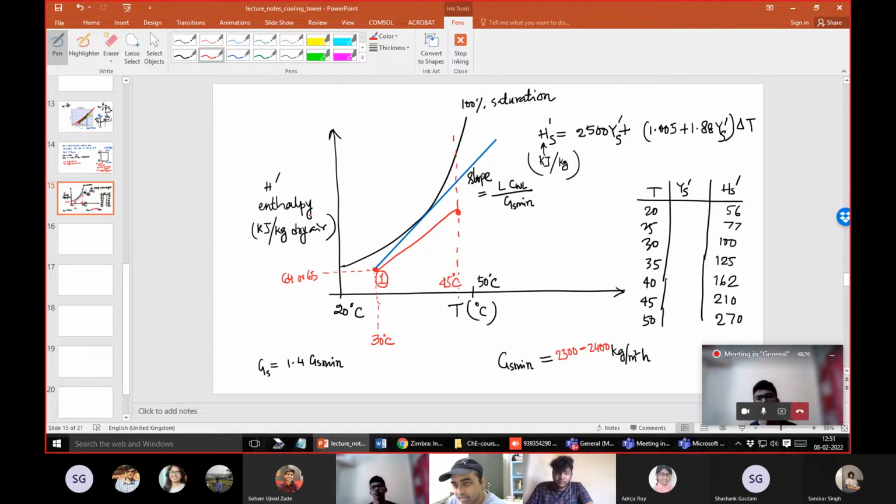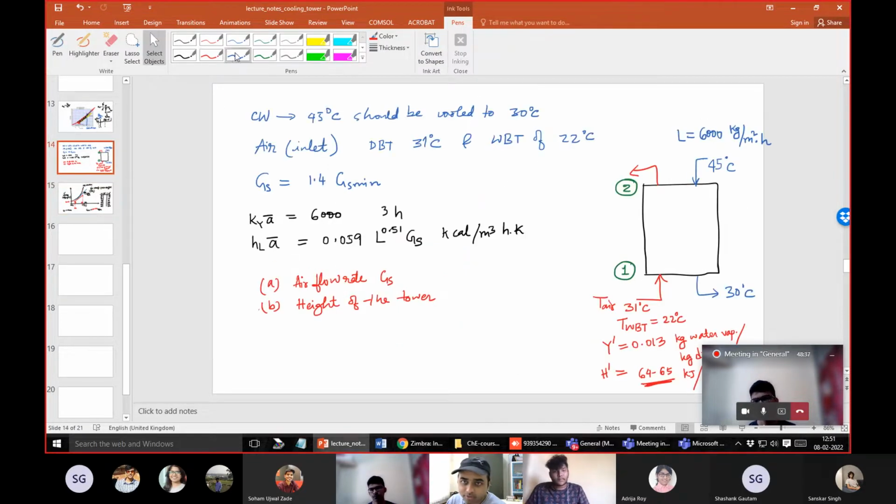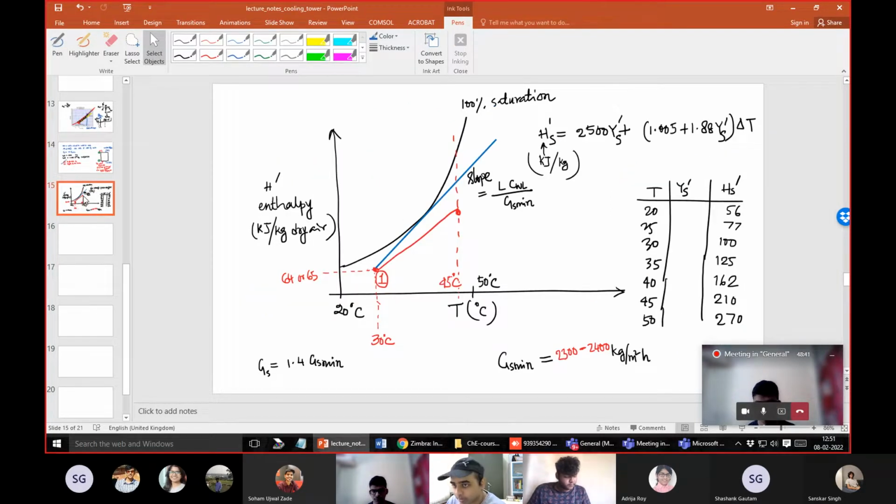Is this clear, guys? Once you locate your point number 2, the first part of the problem is solved, that you will have found the flow rate of the GS, or the gas flow that is in the problem.